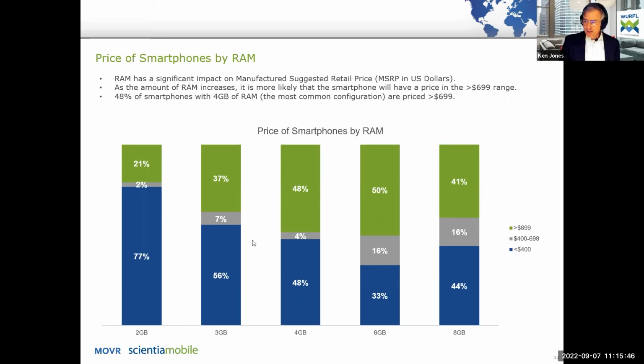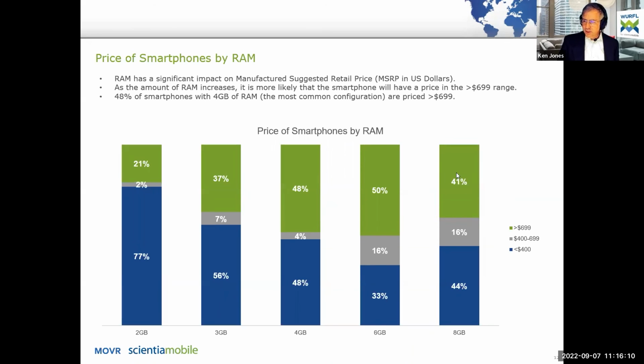So it looks like when you're at the 2 gig level, most of those are the budget phones, 77%. As you get up to the 4 gig, it's about evenly split, whether you're paying in the $700 range.